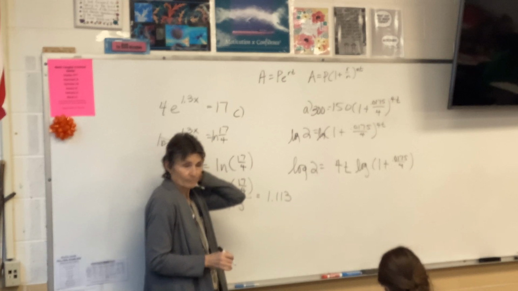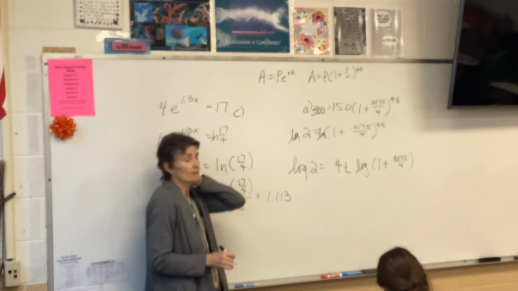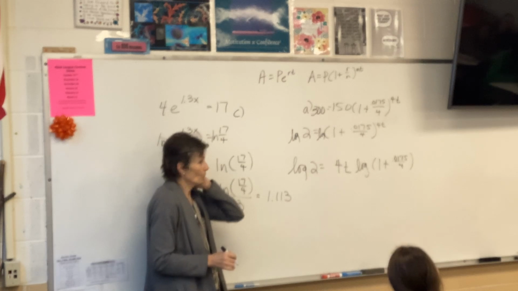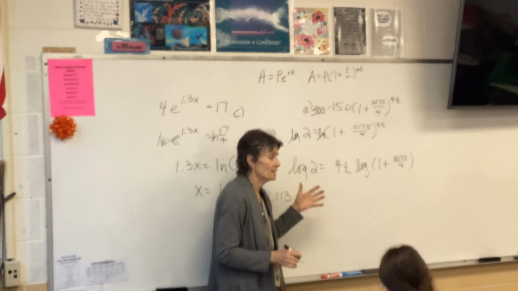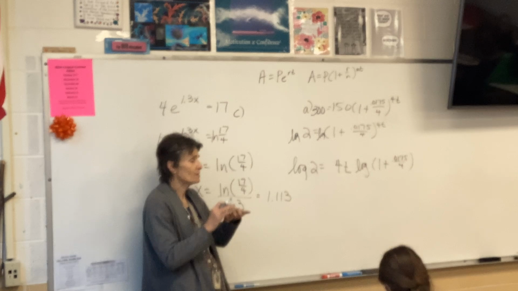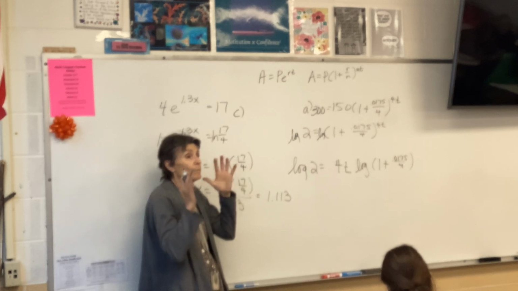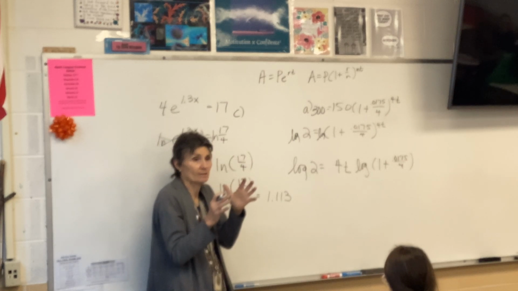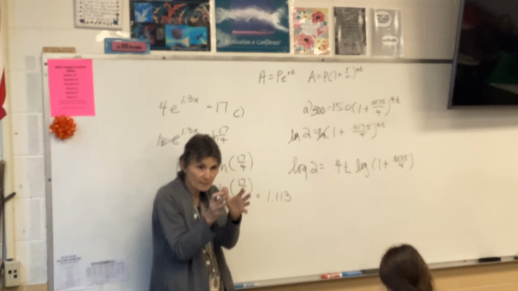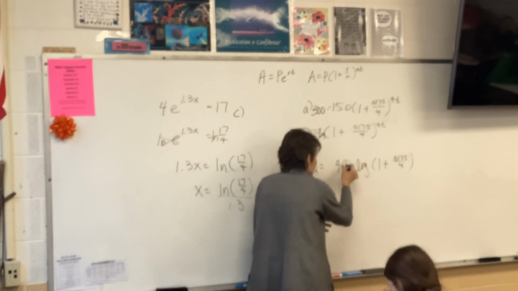Now, it looks terrible. But why in the world would you want to type stuff in and get all these decimals that you round up? No, we don't need to write down anything else at this point. You know what you need to do. You're solving for t.